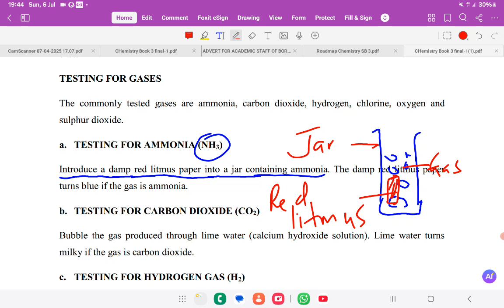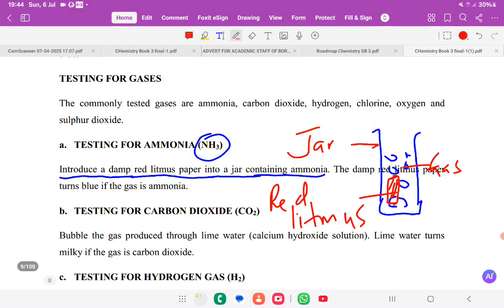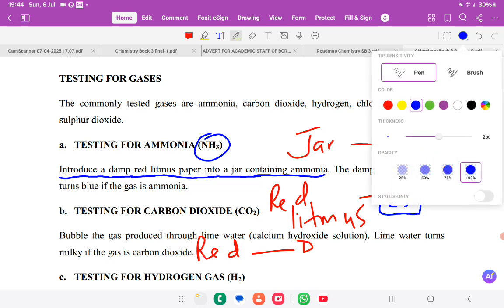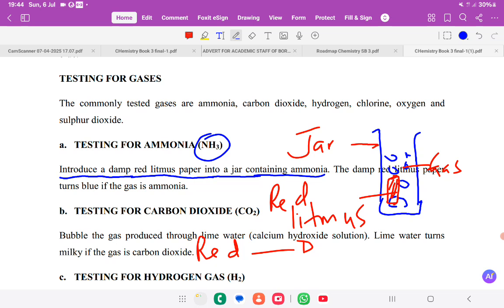The damp red litmus paper will turn blue. Before you drop the red litmus paper into the jar, it is red. So red litmus turns to blue.